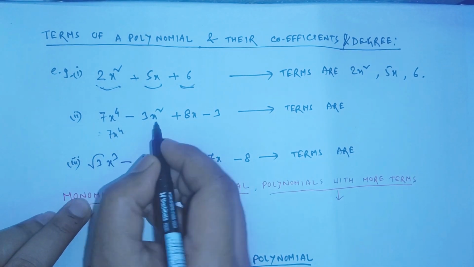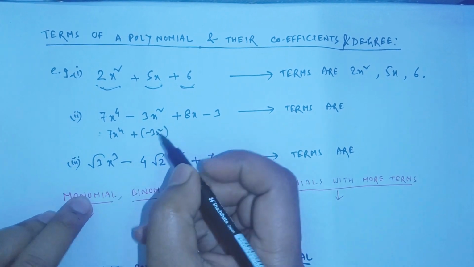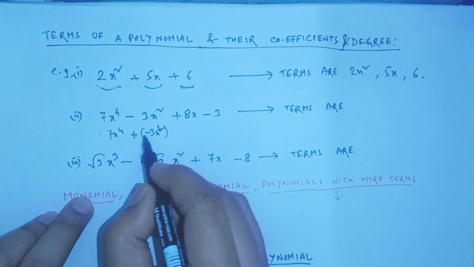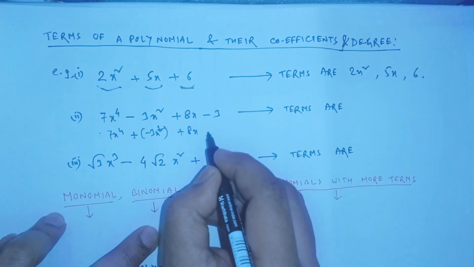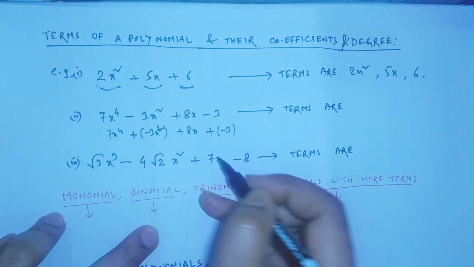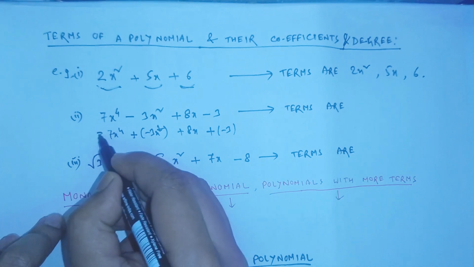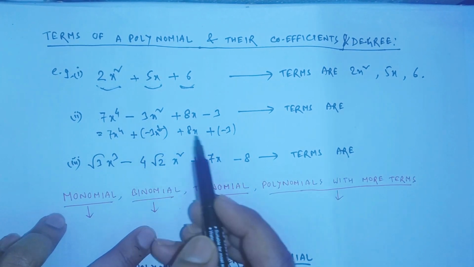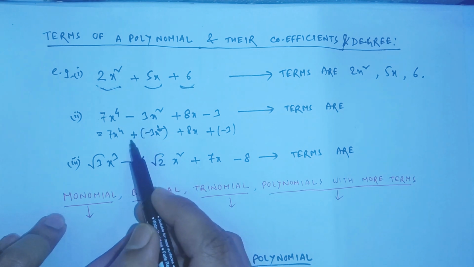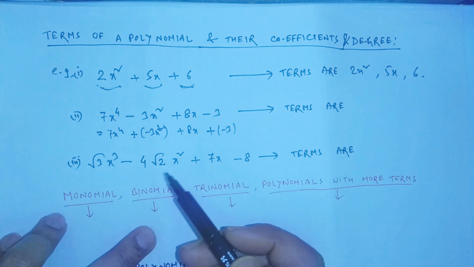Since it is given minus 3x squared, I can write plus of minus 3x squared, then plus 8x, then plus of minus 3 I can again write. Now you see here what I did, I have converted this minus sign into plus, taking the minus sign within a bracket, because plus minus is minus, here also plus minus 3.